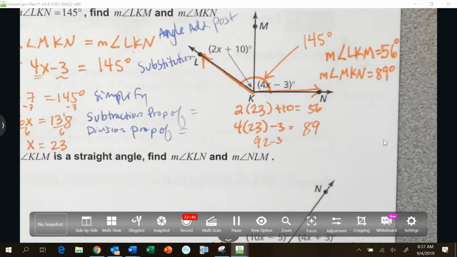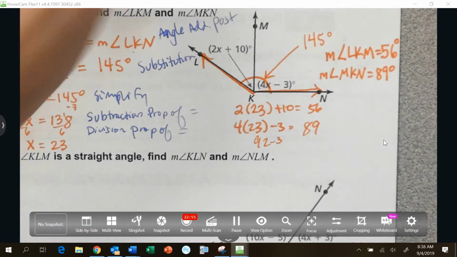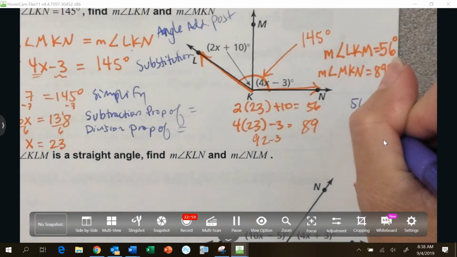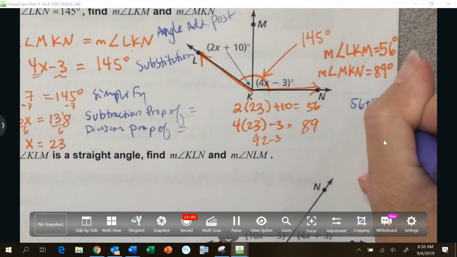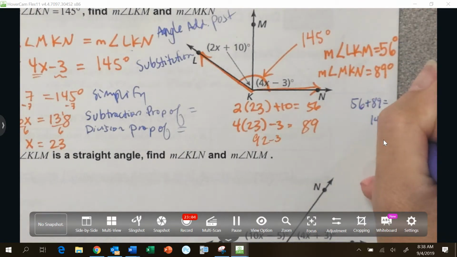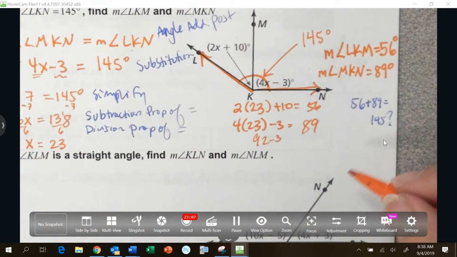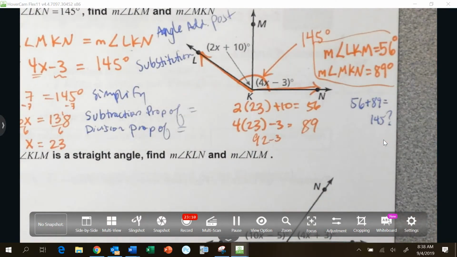Is there any way of checking my answer, just in case I'm not sure if I did it right? Lynn, what do you think? They should equal 145. Does it equal 145? Oh, it does. Yay, I did it right. Okay, so then those would be my final answers.